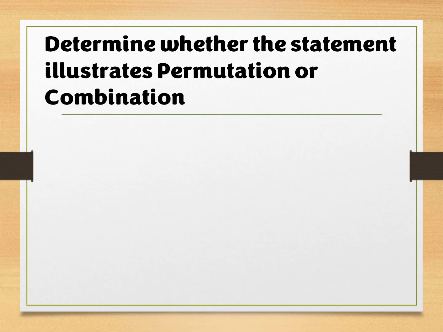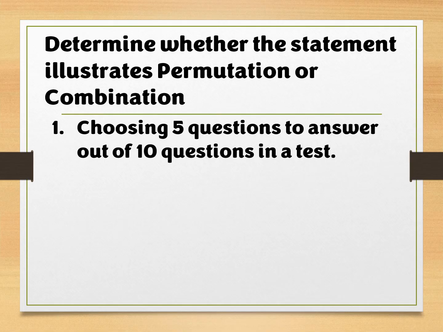Let's have an activity wherein we're going to determine whether the statement illustrates permutation or combination. Let's have number 1. Choosing 5 questions to answer out of 10 questions in a test. Is the statement in number 1 an example of permutation or combination?